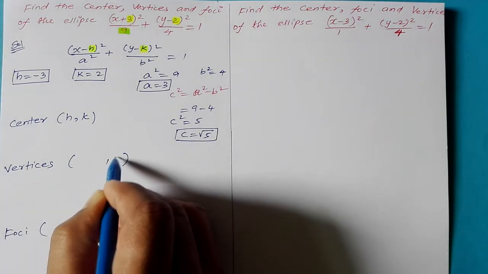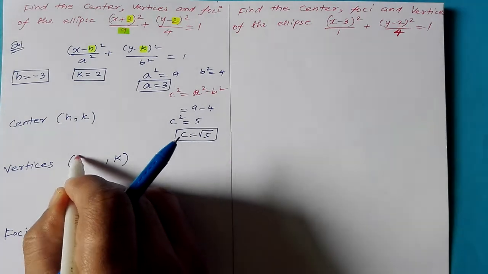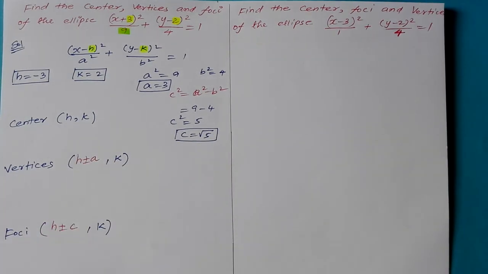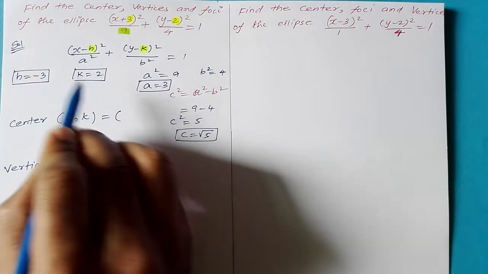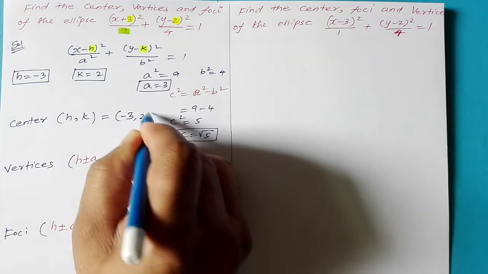Change in x. So I write here h plus or minus a, h plus or minus c. So this is the center. What is the center? Minus 3 comma 2.